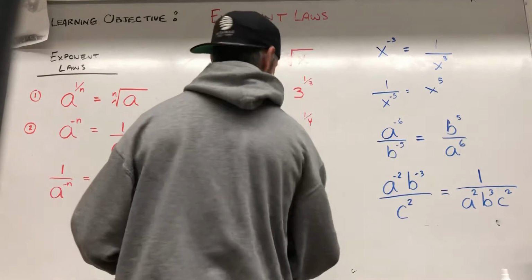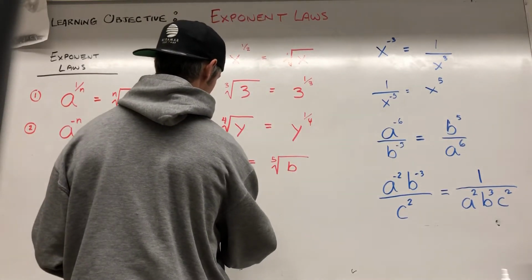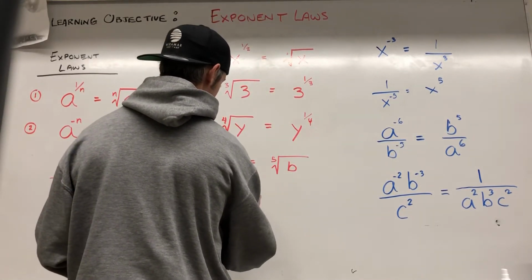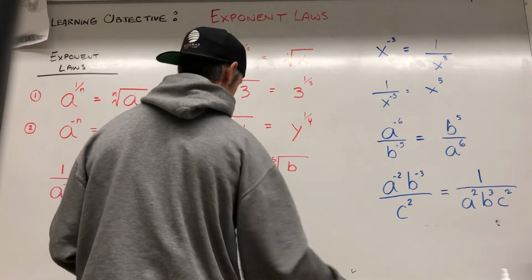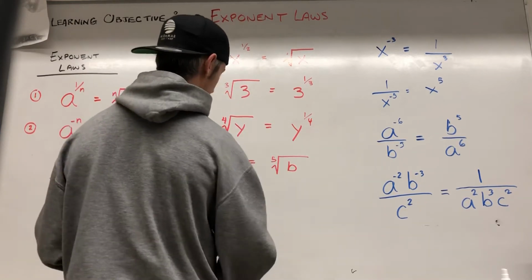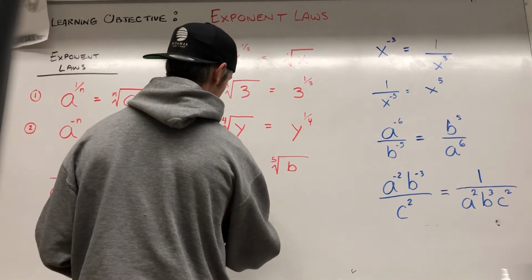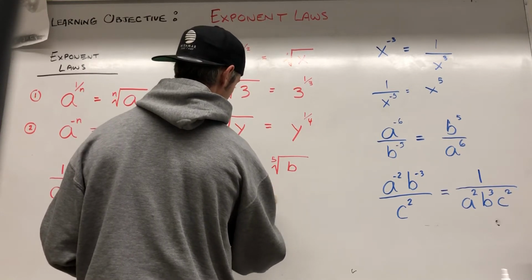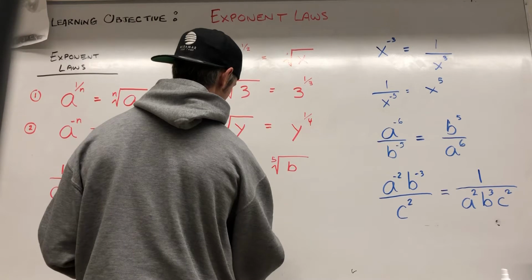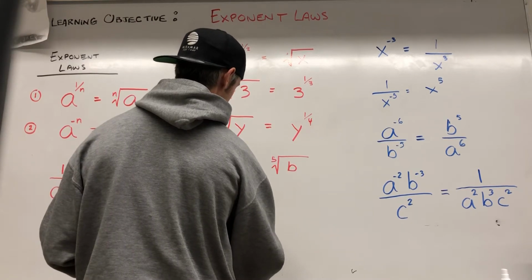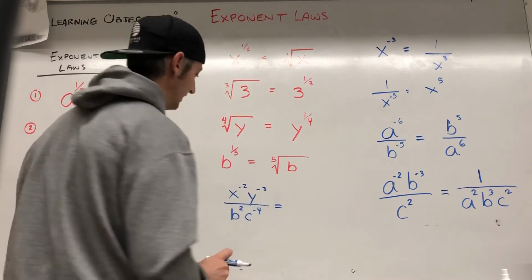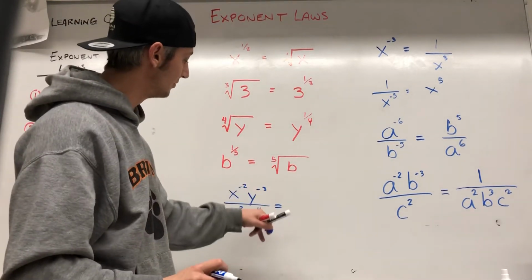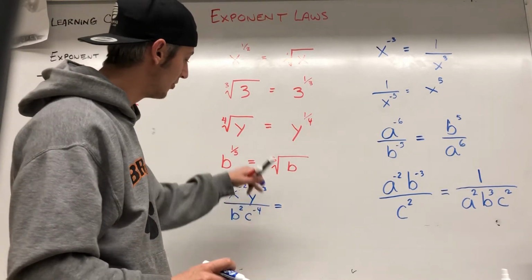Here's another example. If I had x to the negative 2, y to the negative 3 over b squared, c to the negative 4. Well, in this case, these three exponents are very unhappy, so they're all going to flip.